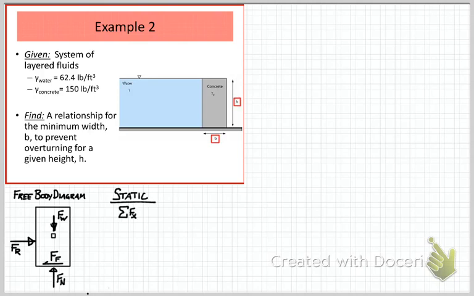Now, because we know that this is at static equilibrium, the sum of the forces in both directions has to equal 0, and also because it's not rotating, the sum of the moments about any point also has to equal 0. What we can do for this problem specifically is to analyze the system at the time exactly when it would be about to tip. You can envision that if you start pushing on a concrete block, the point that it would tip around, behaving more or less as a hinge, is what I've labeled as point A on the free body diagram.